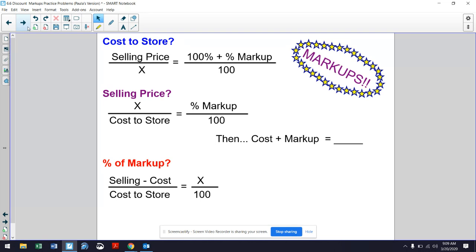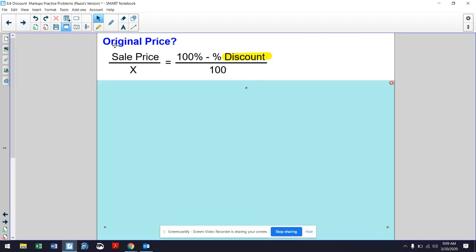We're going to go through each one to kind of talk about the differences between the discount and the markup. So when we wanted to find the original price of something that was on sale, this is what we used. We took the percent of discount and subtracted it from 100, and that told us how much it originally cost before it was put on sale.